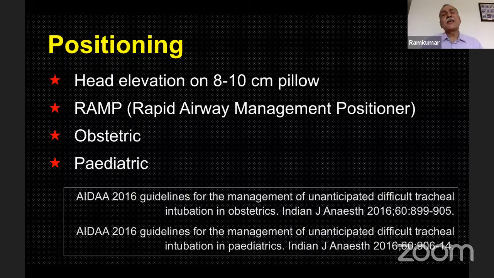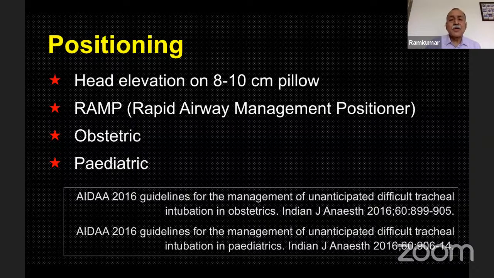The next aspect that all algorithm-based airway management strategies talk about is positioning. Now, we need to essentially look at what was described in 1930, as I mentioned earlier, by McGill. The pillow was very much part of the positioning.